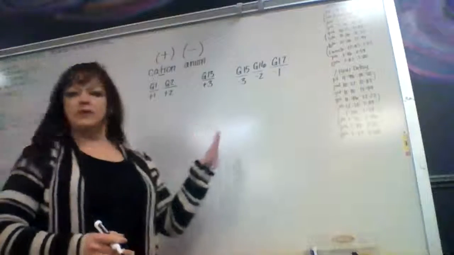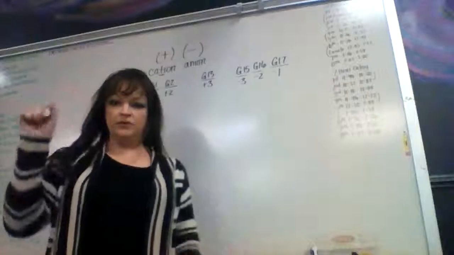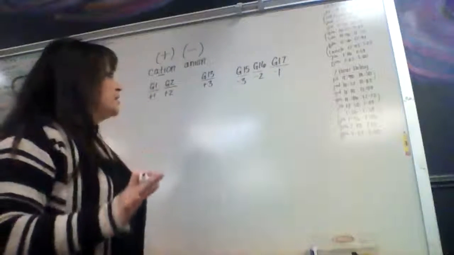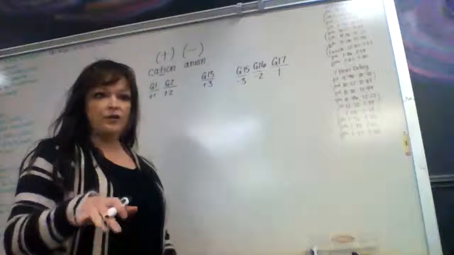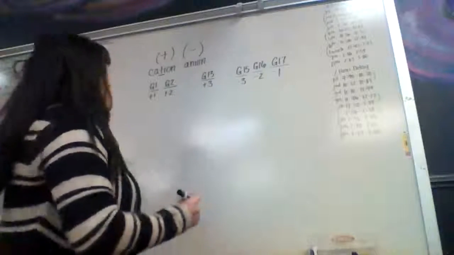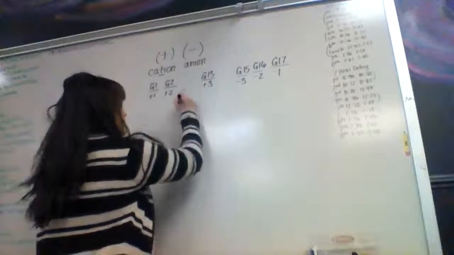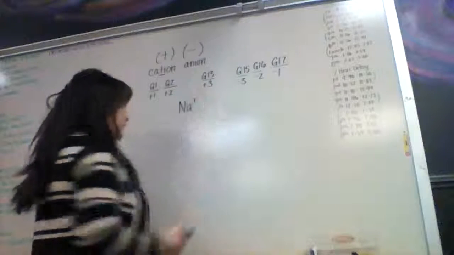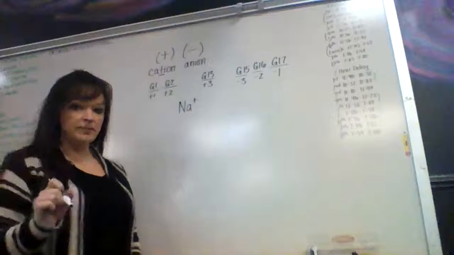You need to write those above your periodic table groups. The groups are the ones that go up and down. And then I'm going to really quickly show you how they bond together. So if you look at sodium, sodium has a positive 1 charge. It is in the first column.